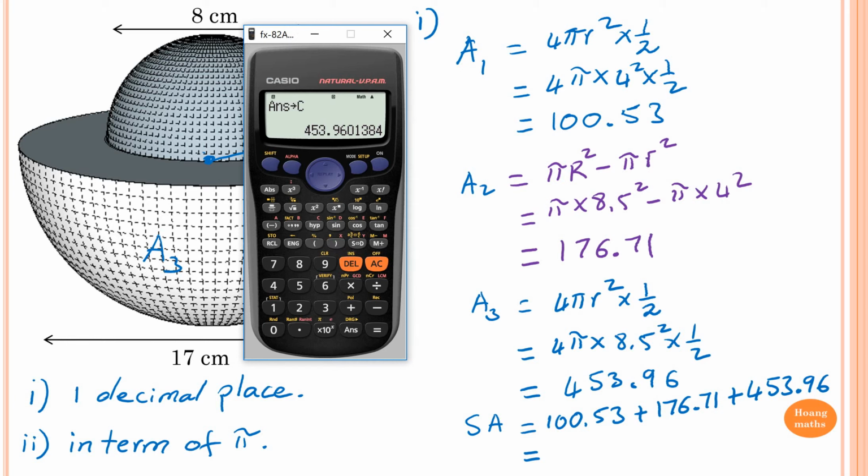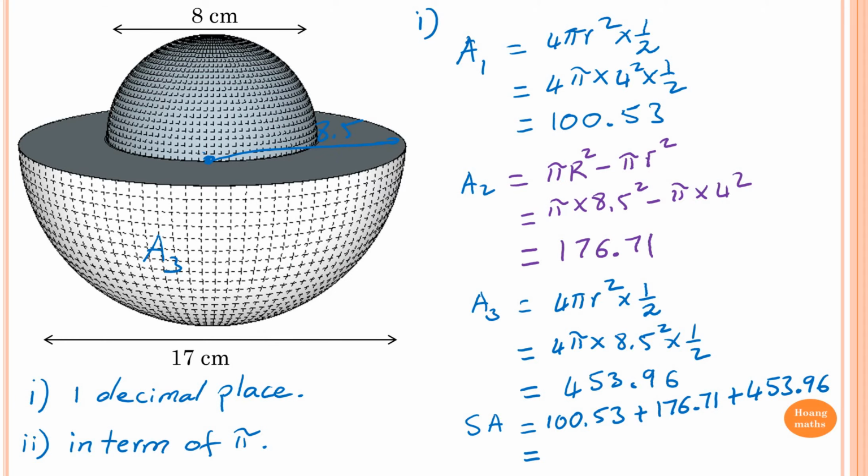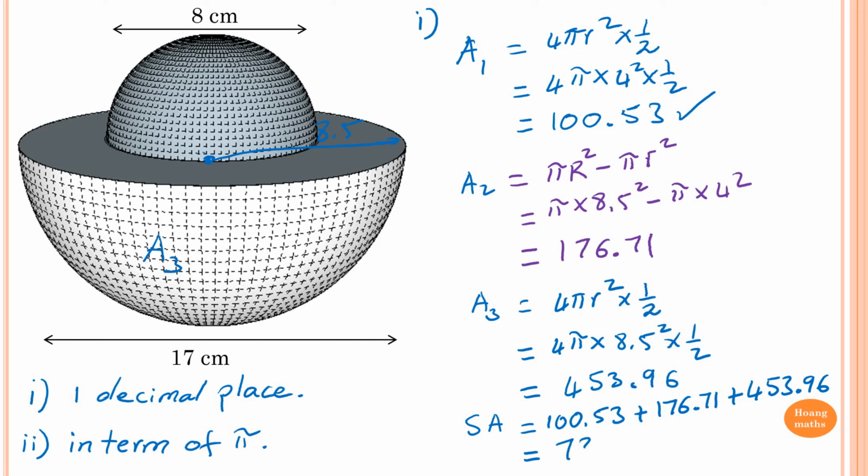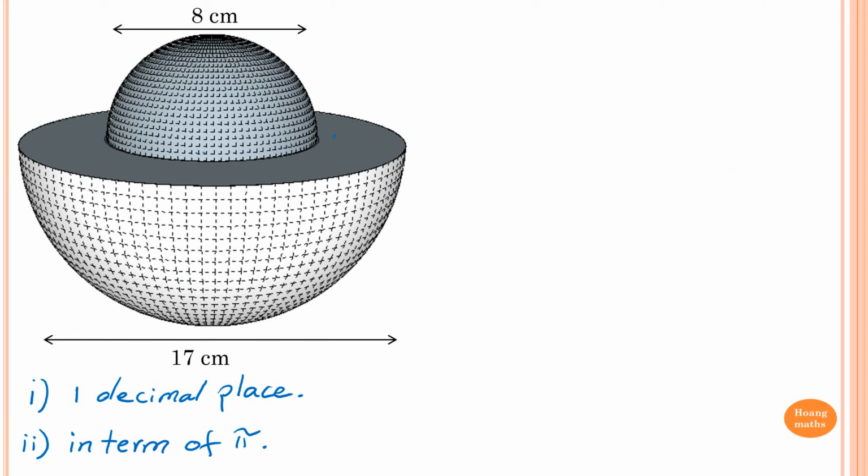So go alpha A, which is the first part, this one here, and then add alpha B and add alpha C, which gives me 731.2 centimeters squared.